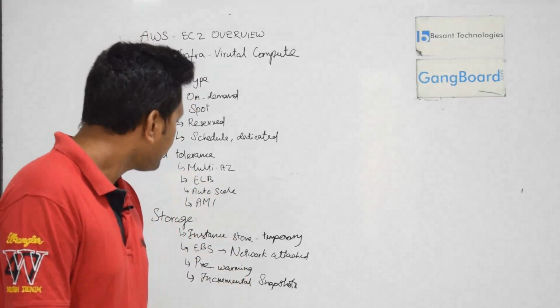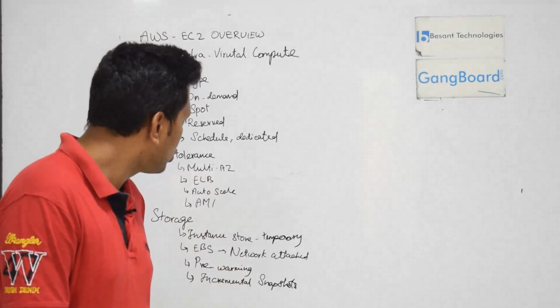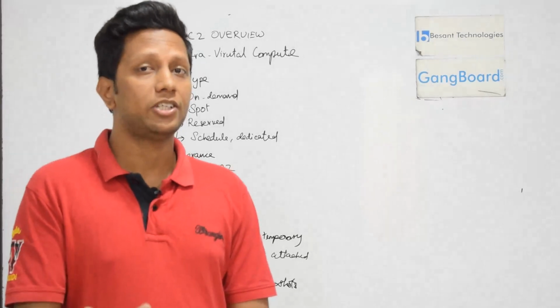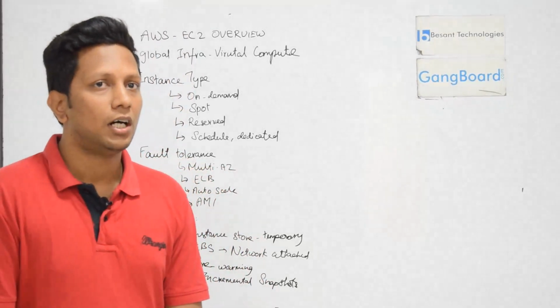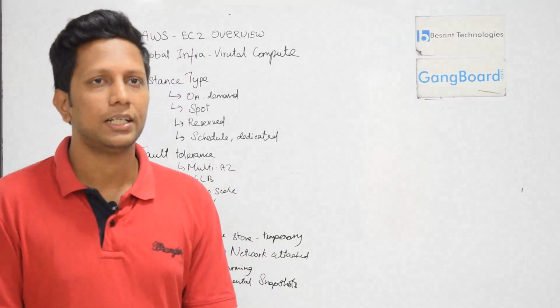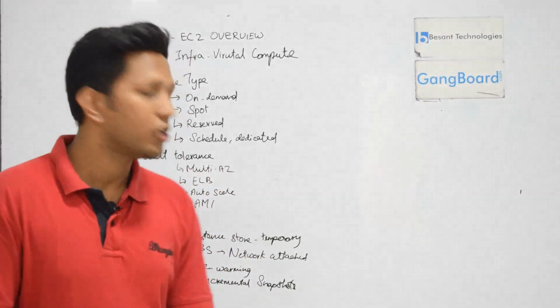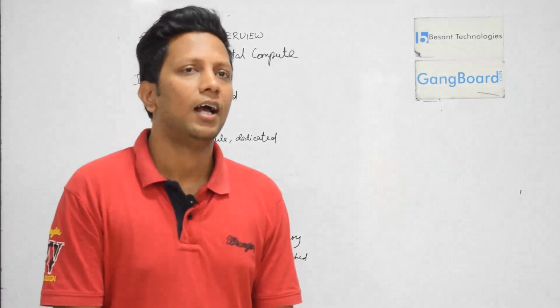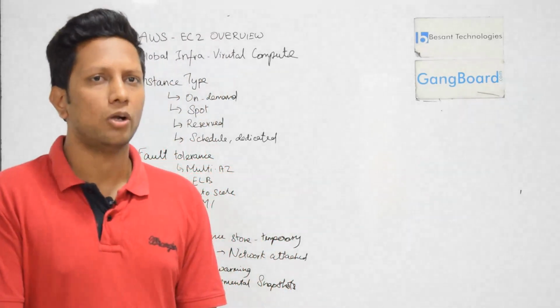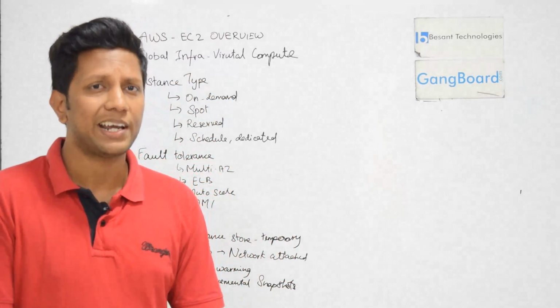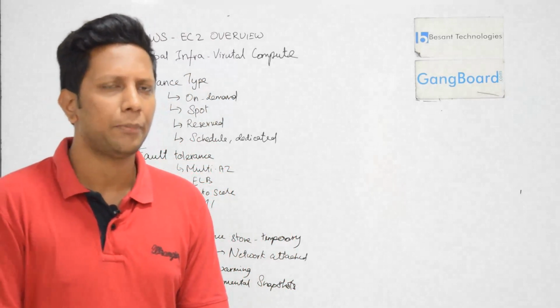There are a couple of things to look at about attachment and detachment. When you attach your EBS volume to your existing EC2 instance, it suspends your IO operations for a while, and whatever data is already there in the EBS volume has to be erased and the new data will be appended.